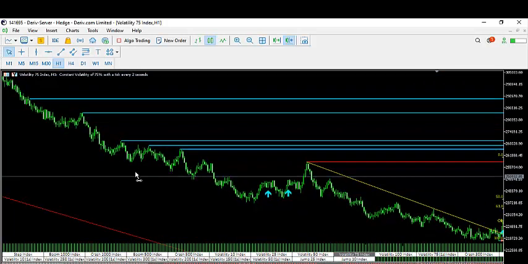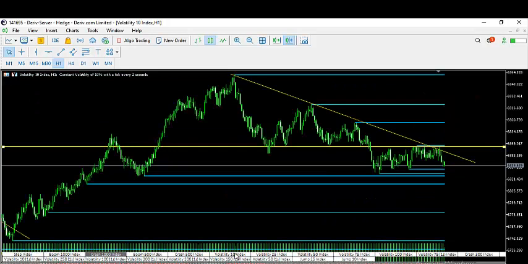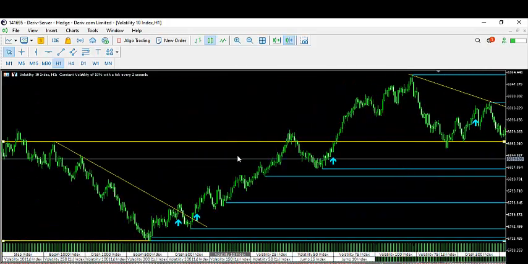If you can remember, like the case of V75, you see where we took the trade, and this is where the trend line started from, and we took profit here, and that's why you see price returning here. So the same thing went on V10 the other time that we took a trade on it, and you can see price hit this take profit.